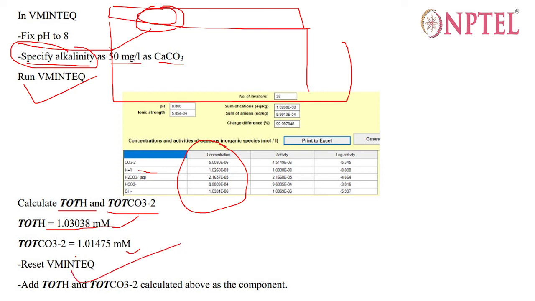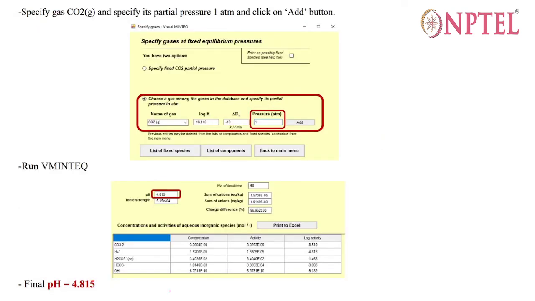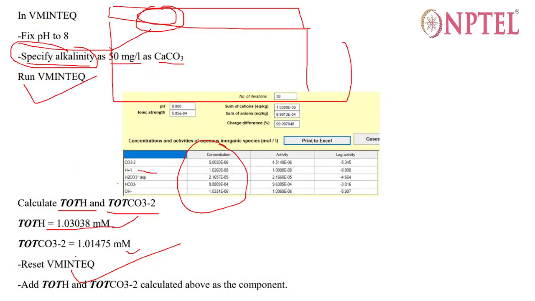Then reset VMinteq again, because you have to give the inputs again. So I'll reset, then again add total hydrogen and total carbonate, and calculate the concentration, right? And there you also need to specify the carbon dioxide.